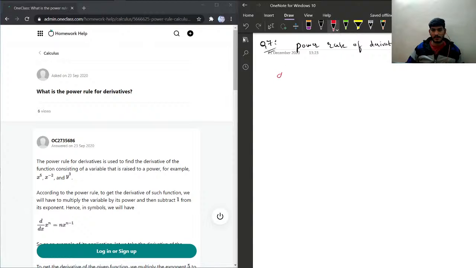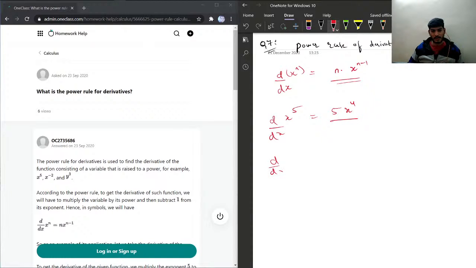So this is nothing but if we have, let's say if we want to find the derivative of x power n, it will be n times x power n minus 1. So let's say I'm taking derivative of x power 5, so this will become 5 times x power 4.